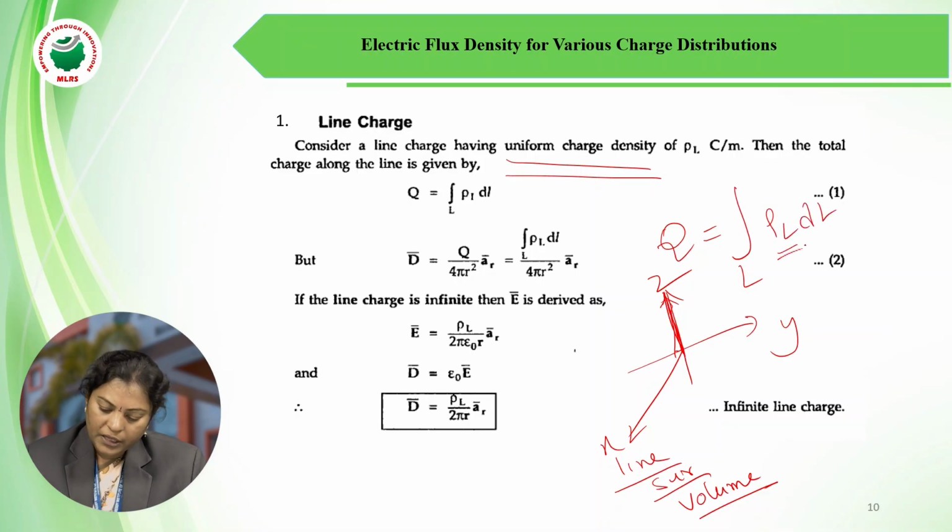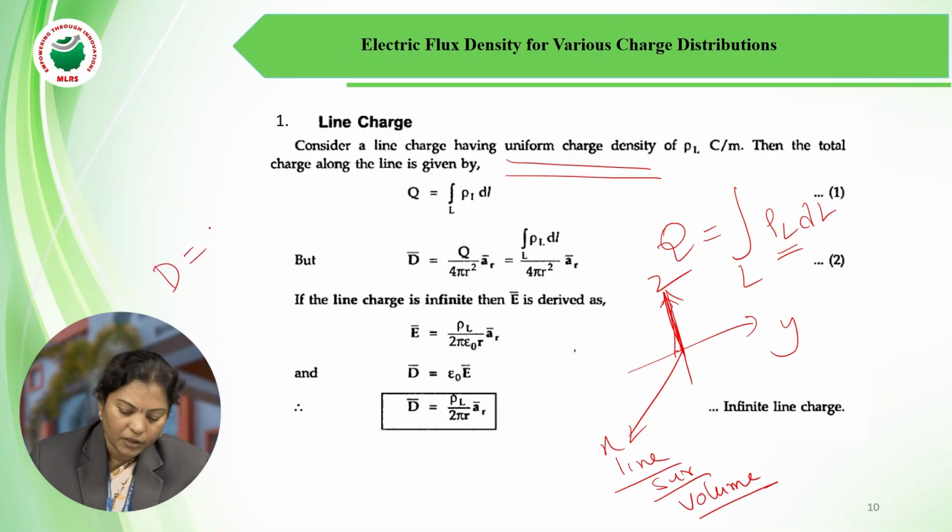Rho L is the line charge density. As we know, flux density is Q by 4 pi r square into a_r, so in place of Q I substitute rho L into dl.